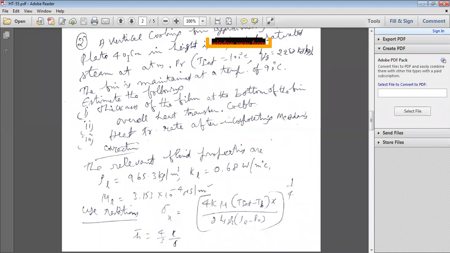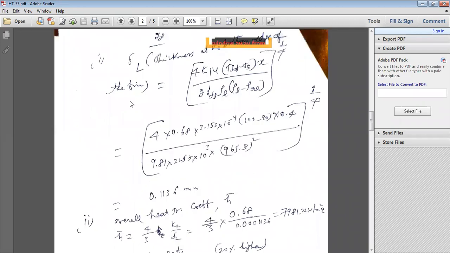At what length? x is equal to L is equal to 40 centimeters, at the bottom of the fin. But you have to calculate the thickness of the film at the bottom, that is x is equal to L, that's why delta L. So x is equal to L is equal to 0.4 meters, 40 centimeters are 0.4 meters.